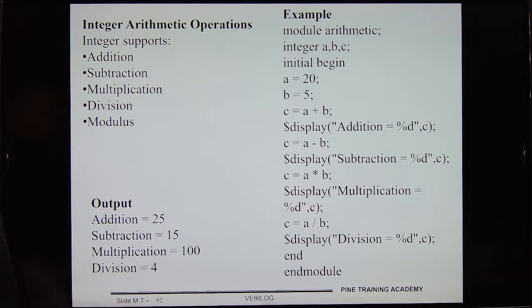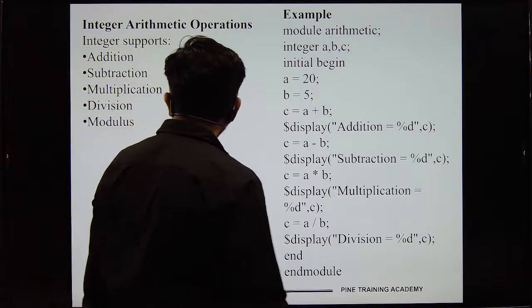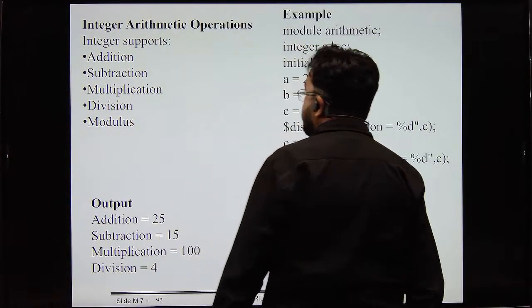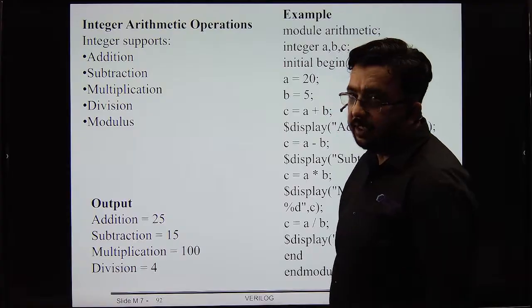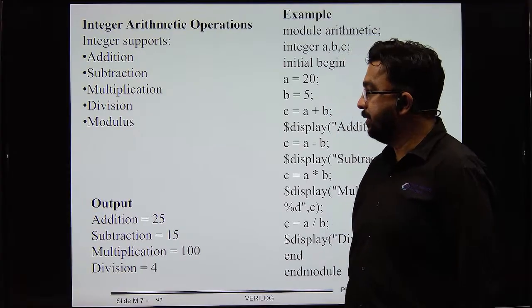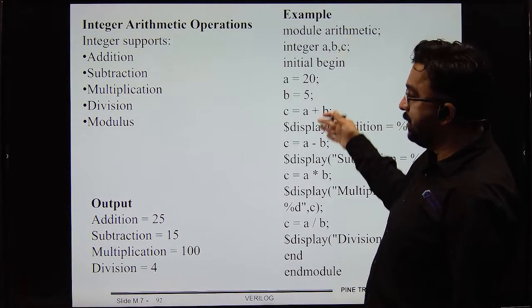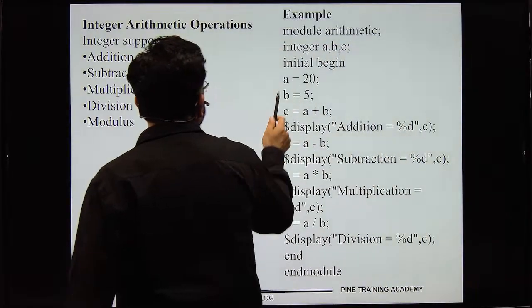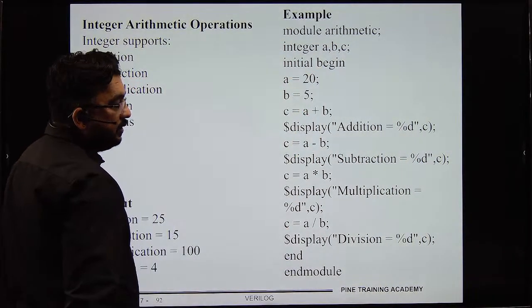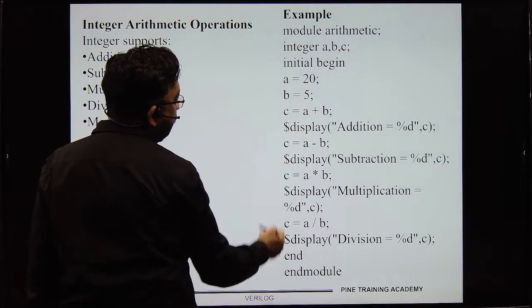Integer arithmetic operations. Integer also supports addition, subtraction, multiplication, division, and modulus. Just one simple example: integer A, B, C, initial begin. I have given A equal to 20, B equal to 5.